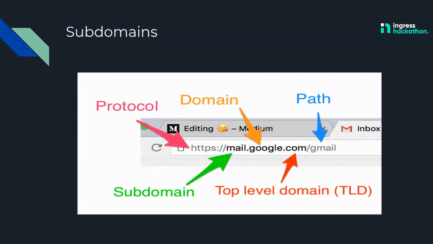For example, Google uses mail.google.com for their emailing purposes, and images.google.com for searching images. So this is the main domain, or the parent domain, and this is the subdomain. Mail is a subdomain. So the first question will be, how will you find an asset's subdomain?